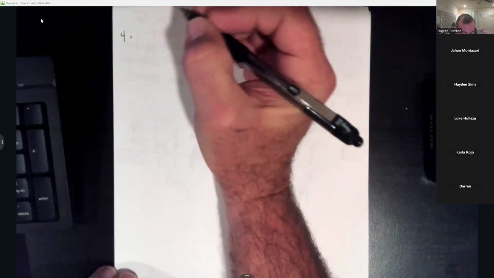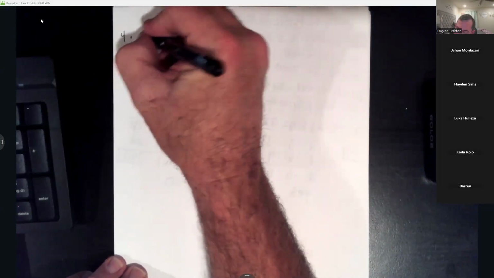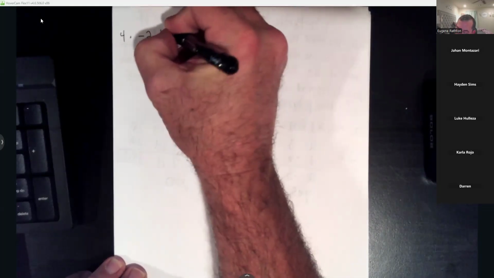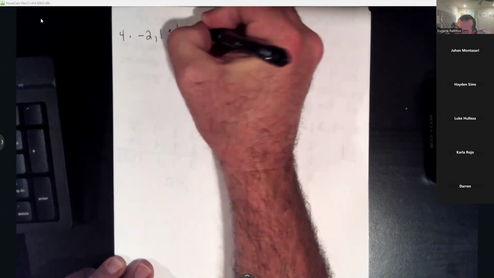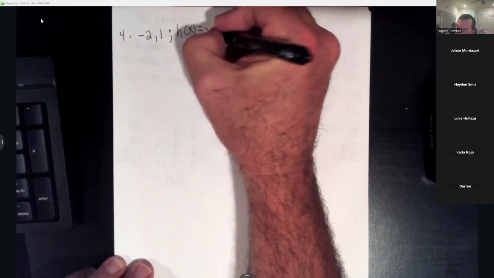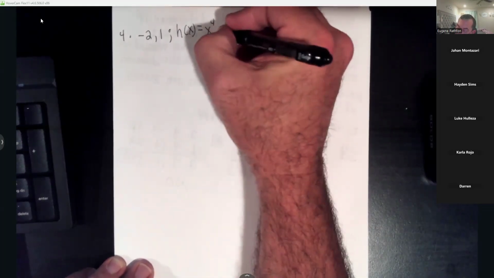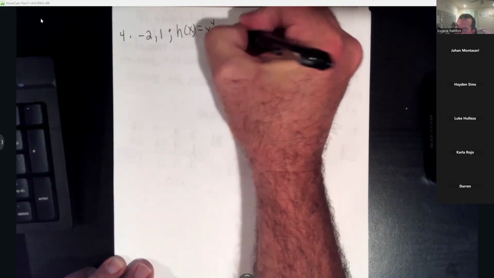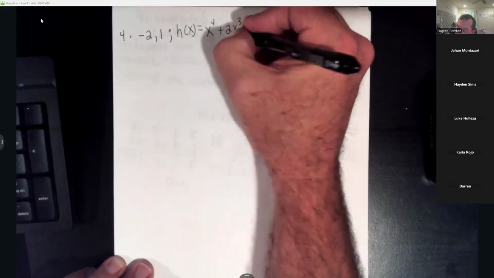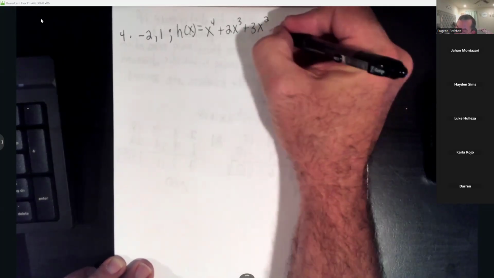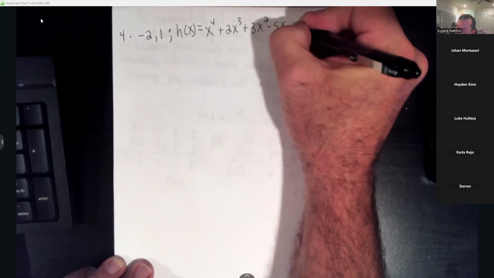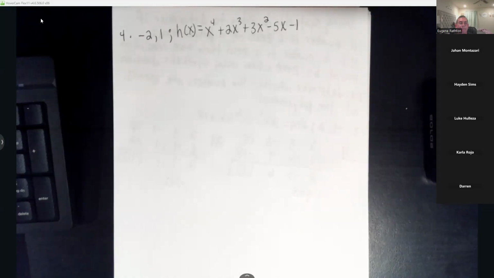All right, y'all, so let's do that on number 4 here. So this time you got -2 and 1. And they're giving me h of x equals x to the 4th plus 2x cubed plus 3x squared minus 5x minus 1.